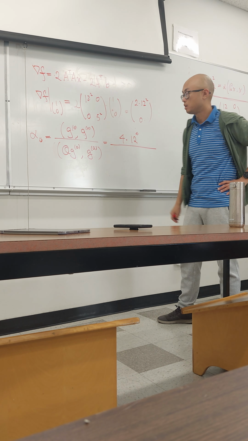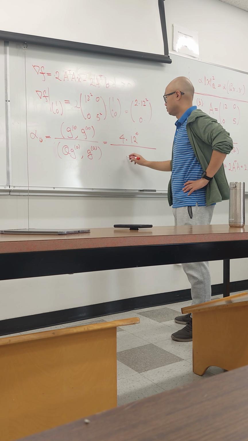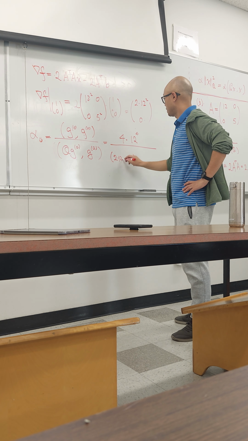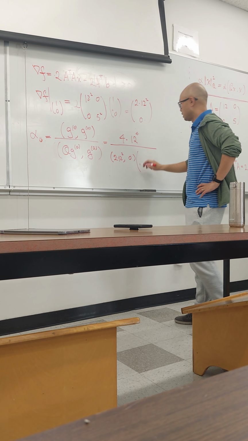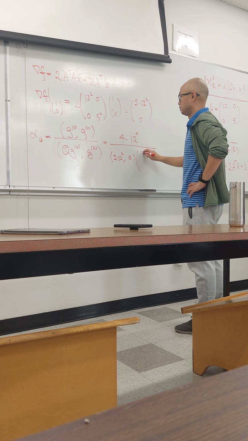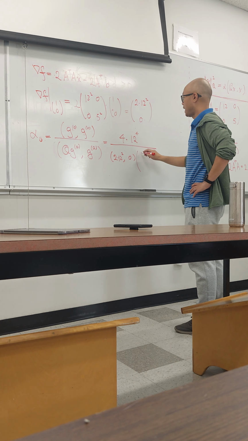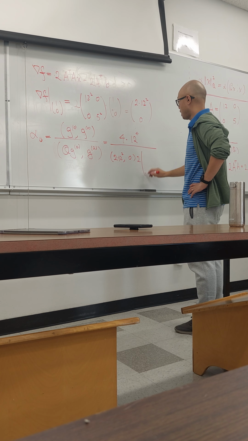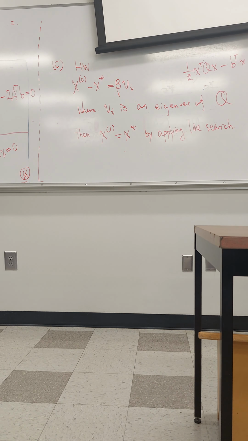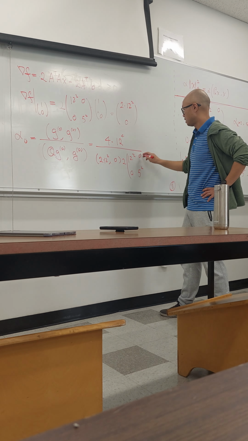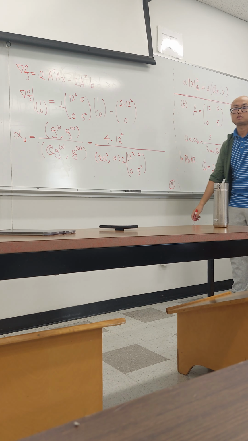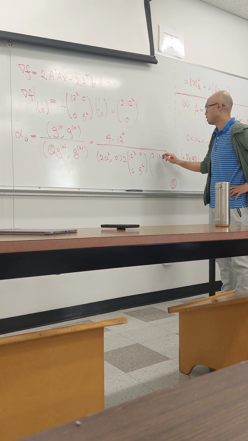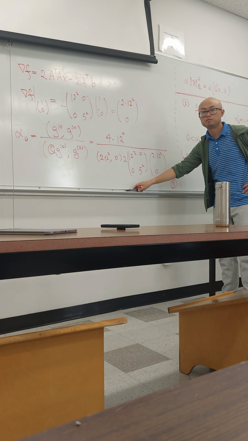On the bottom, Q is 2 times A transpose A, the diagonal matrix, so it's 2 times 12 square, 5 square, 0, 0 on the off diagonal, times 2 times 12 square, 0.